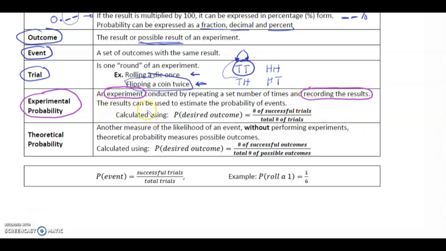Okay, the results can be used to estimate the probability of events. So what we would do is we would calculate the experimental probability of, and then whatever the desired outcome is. Okay, how many successful trials did we have? AKA, how many desired outcomes occurred? And then we would divide that by the total number of trials.